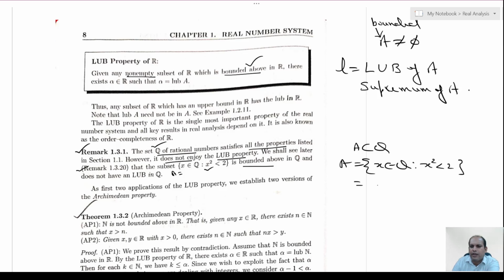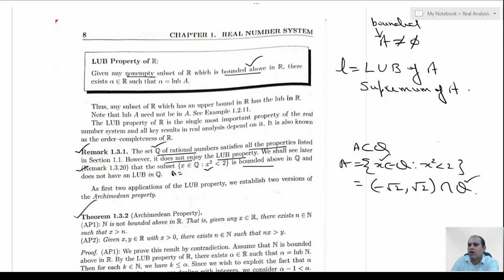So if we simplify this, I can write it as the open interval minus root 2 to root 2 intersection Q. Actually we are interested in all those x which lie in this interval, all those rational numbers. So we can write this set as this one. Now clearly this set is non-empty. Why? Because there is at least one rational number, say 0, in this set.